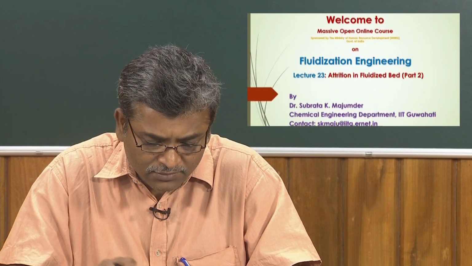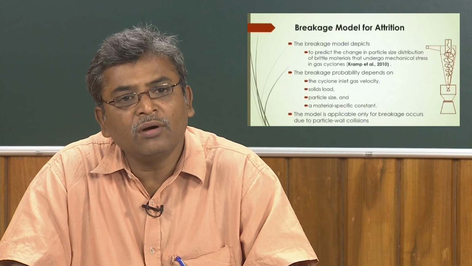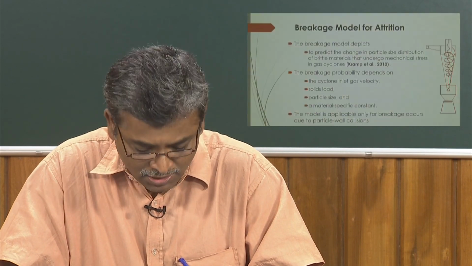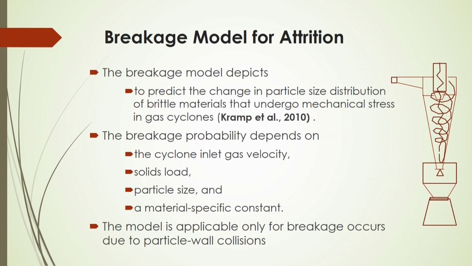There are different models; already we have discussed some in the previous lecture. Here are some more models, like the breakage model. Let us discuss something about the breakage model for attrition. What does it actually mean?